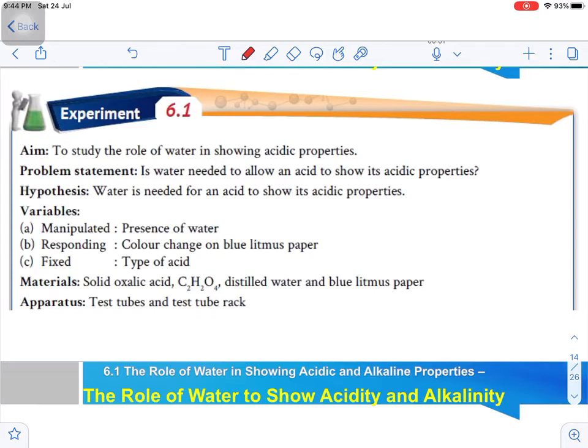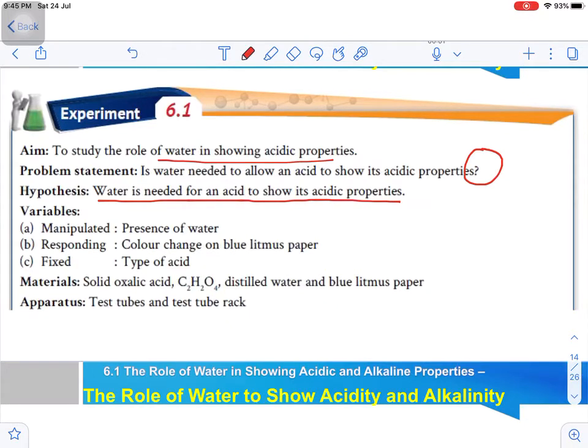So experiment 6.1, to study the role of water in showing acidic properties. Okay, problem statement. Is water needed to allow an acid to show acidic properties? As you can see, in the problem statement there is a question mark here. Okay, then hypothesis. Water is needed for an acid to show its acidic properties.